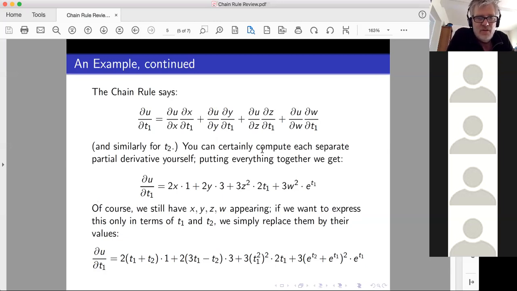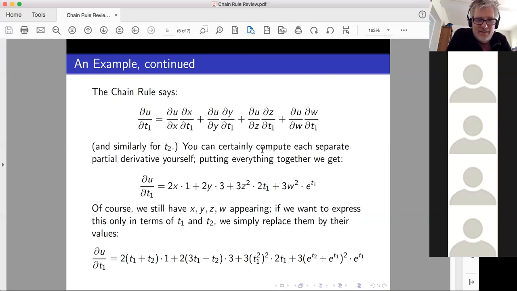It says that del u del t1 is del u del x del x del t1, right on up to del u del w del w del t1. I'm pretty sure all of you, or at least 3 weeks ago, could differentiate all of these pretty straightforwardly.